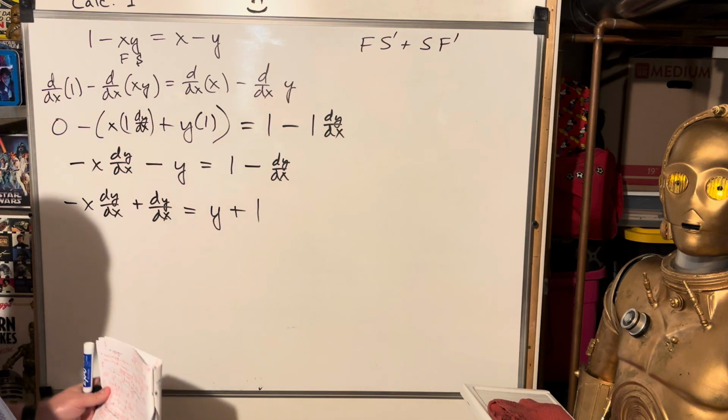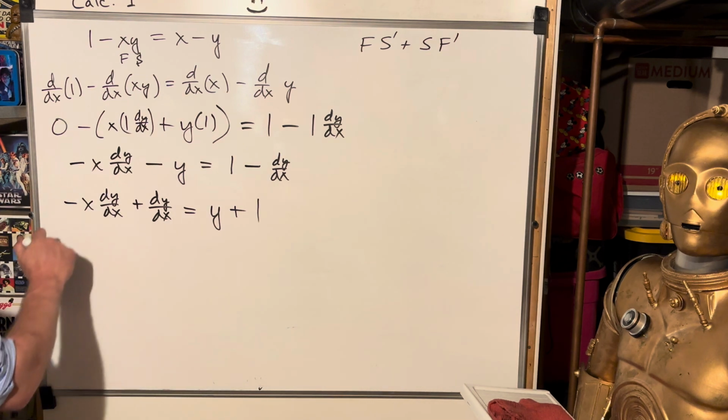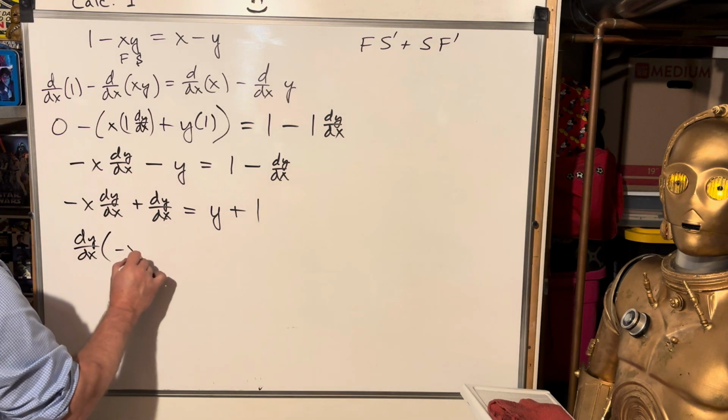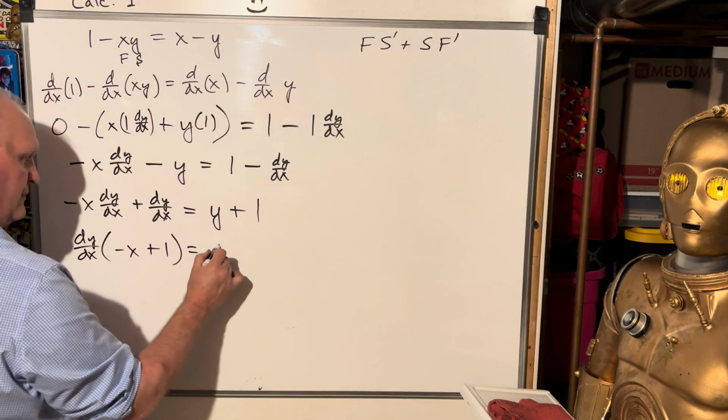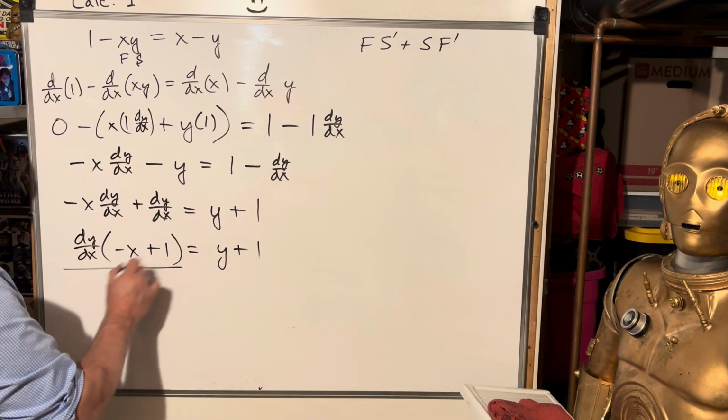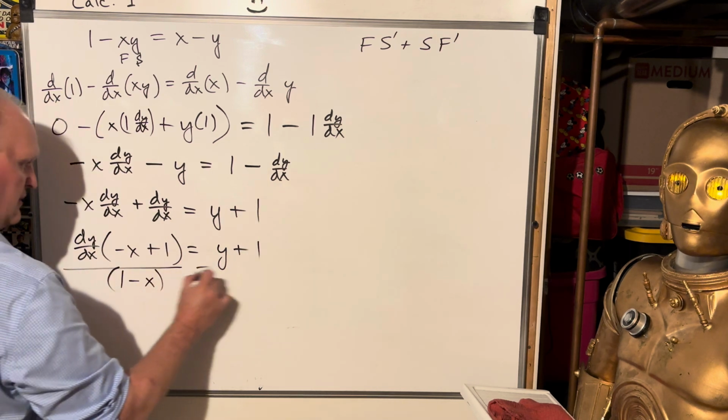Okie dokie artichoke. So factor out the dy/dx. And then divide by, let's switch them around.